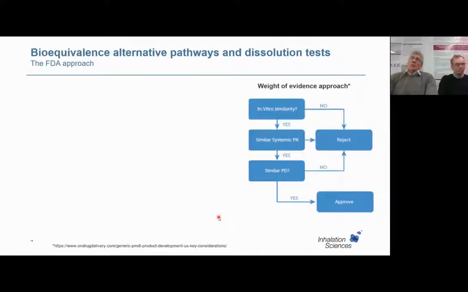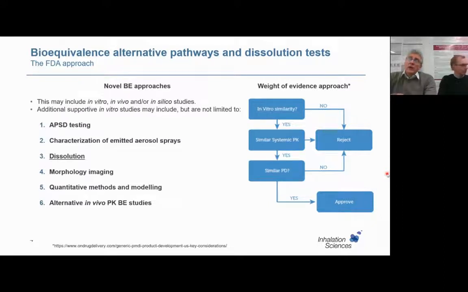If we speak about the FDA approach to bioequivalence, you see on the right-hand side the established approach from the agency, and it requires in vitro similarity, systemic PK data, and pharmacodynamic data, so clinical trials. Now, the agency recognizes the difficulty of working with inhaled drug products, so there is an emergence of novel BE approaches.